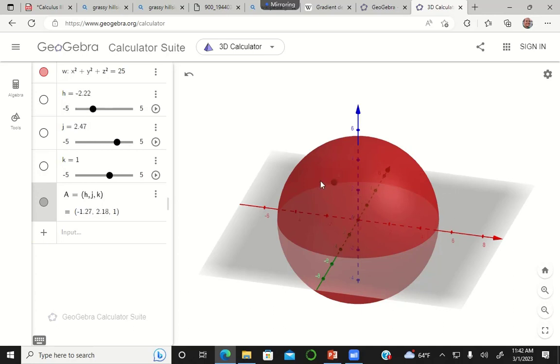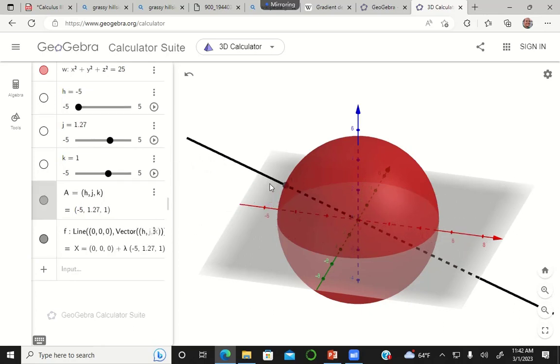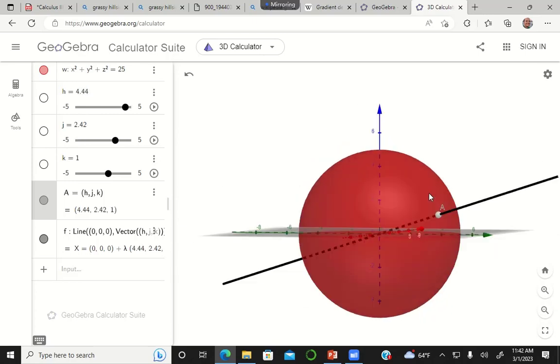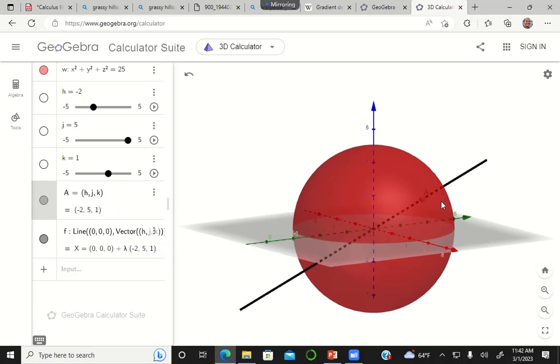Oh, kind of. Okay, then let me try to do a line defined parametrically, like ht, comma, jt, comma, kt. That's about as good as I could expect. So this point in space right here, this little a, is arbitrary. I can just drag it around.